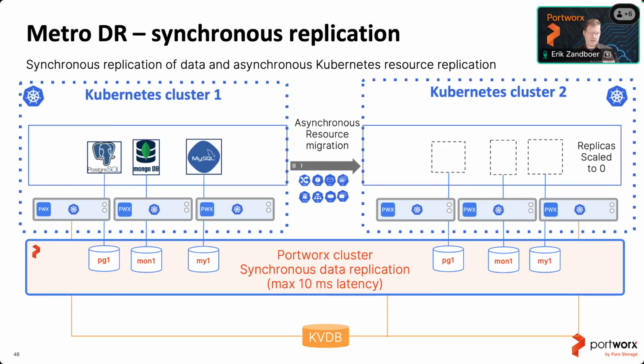But it is the way of making sure that you never lose data, because this is synchronous. So any write that occurs here will synchronously traverse to the second copy and be acknowledged. It will need to acknowledge back before we actually continue.